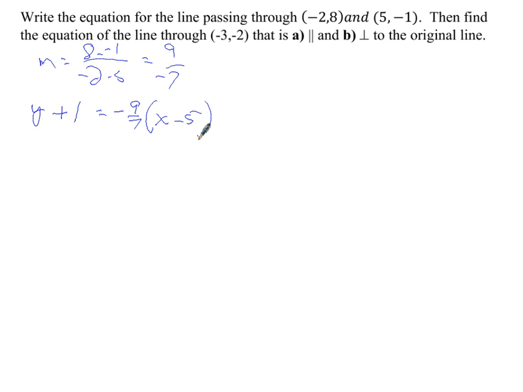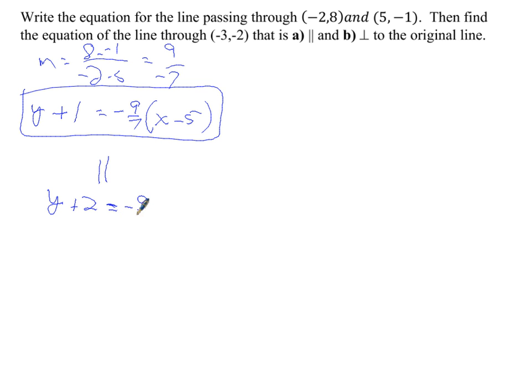Is that a good answer? Yep. Okay. Now what? Okay. And perpendicular. We done? Okay, so we're done.